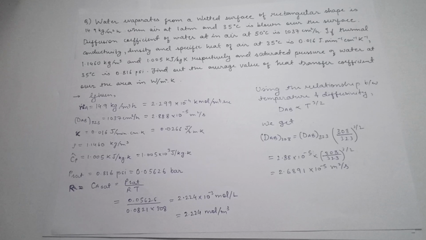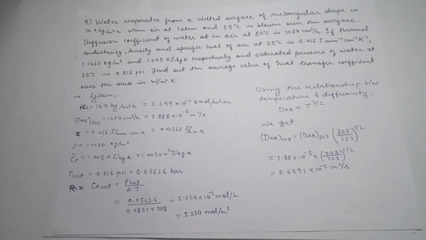So if we use this relation, we will get DAB at 308 Kelvin equal to DAB at 323 Kelvin into our temperature, that is 308 Kelvin by 323 Kelvin whole to the power 3 by 2.